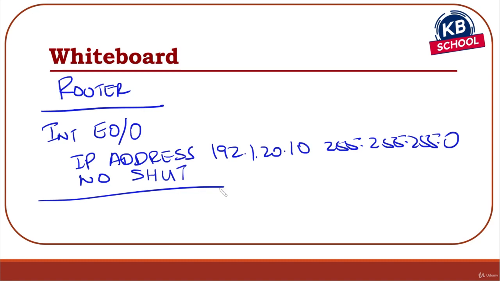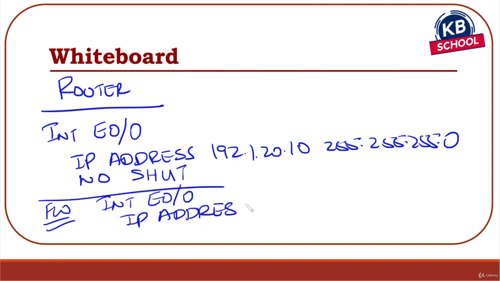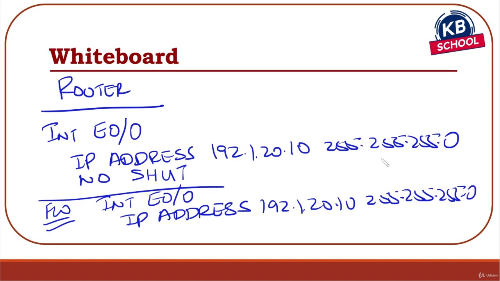Now on the firewall, the same thing is done a little differently. You do need to assign it an IP address. So if this same address was to be assigned on a firewall, you would do the same command. But besides the IP address, there are two additional components that you need to configure on an interface on an ASA firewall.